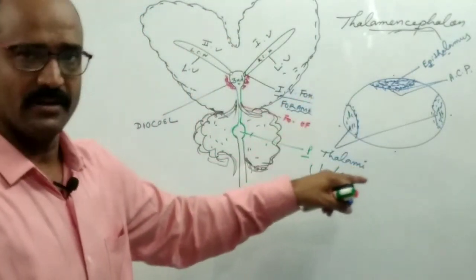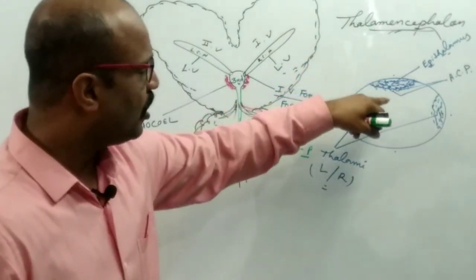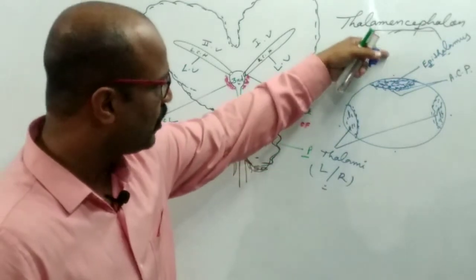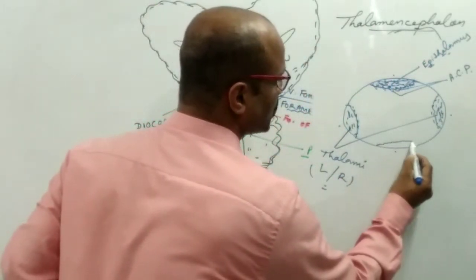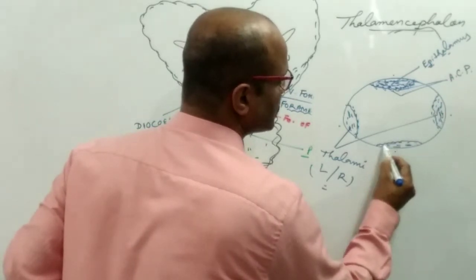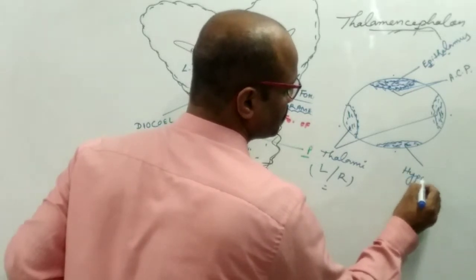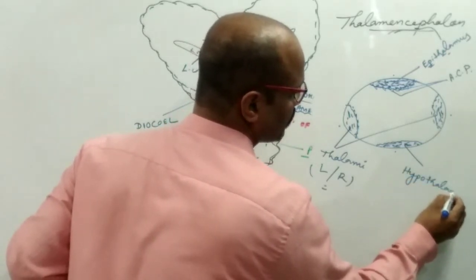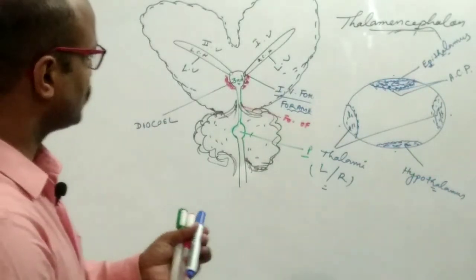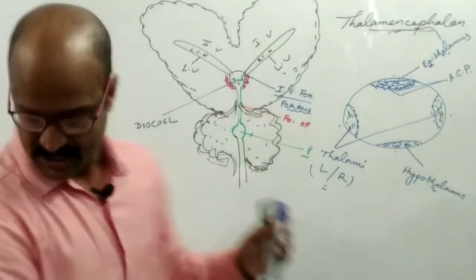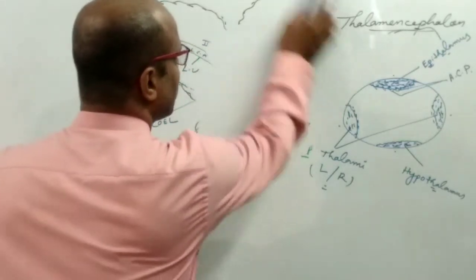The superior wall forms the epithalamus, the roof of the third ventricle. The floor of the third ventricle also contains the neural mass and forms the hypothalamus.